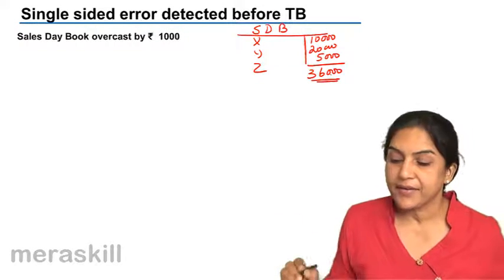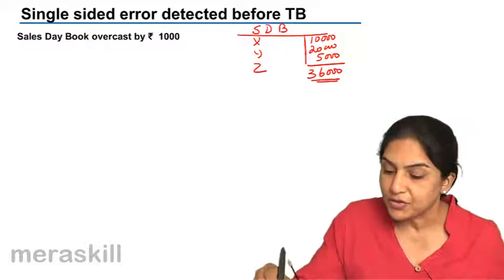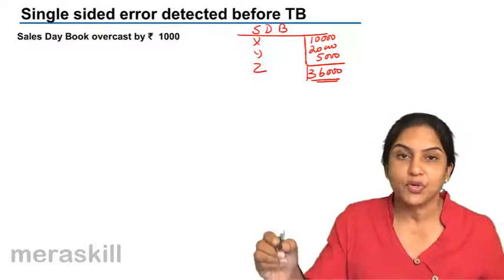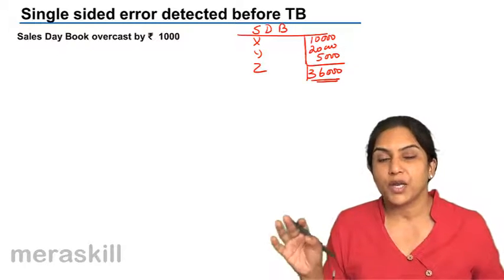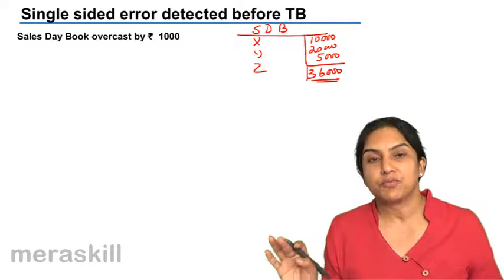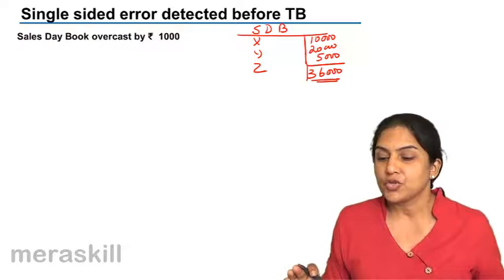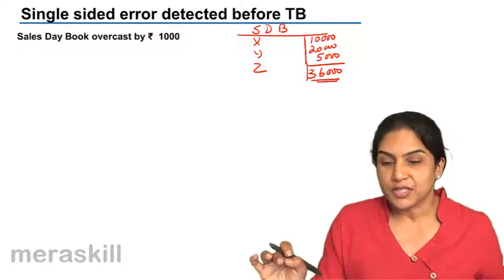This is my error. Instead of 35,000, I have totaled this as 36,000 in the sales daybook, which is nothing but a book in which all credit sales of goods is recorded, right? So now I have got sales daybook of 36,000.